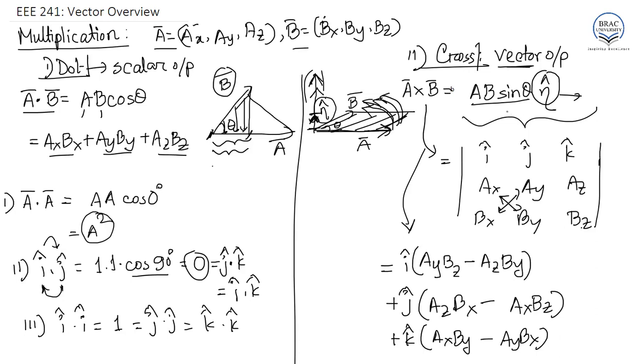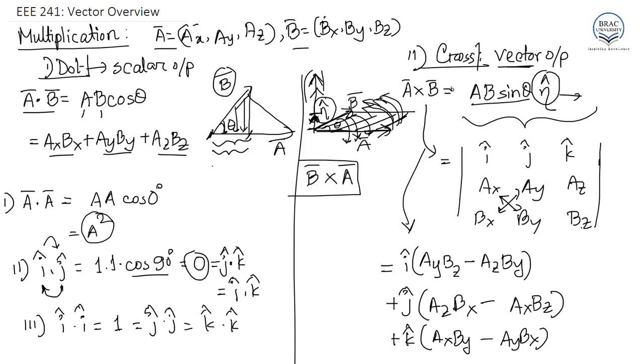So we have to notice a few things over here. If we were to do the same thing but in a different order, let's say if we were to carry out B cross A, then we would have to first keep all the fingers of the right hand pointing towards the B direction. Then we would have to fold all our fingers towards the A direction.